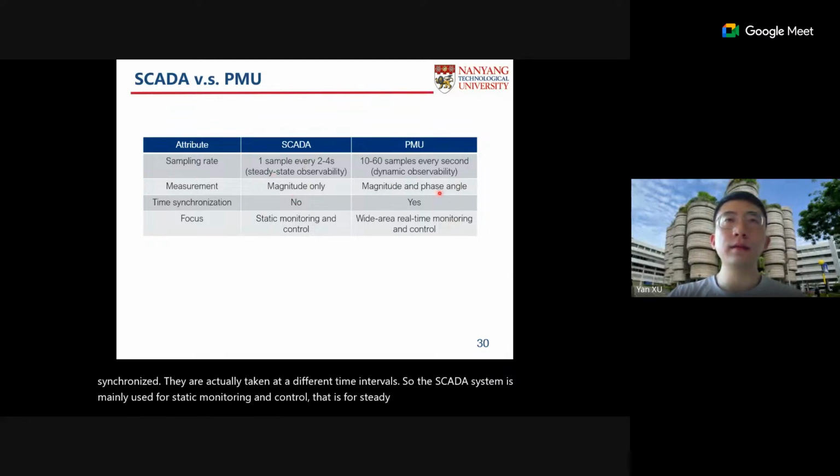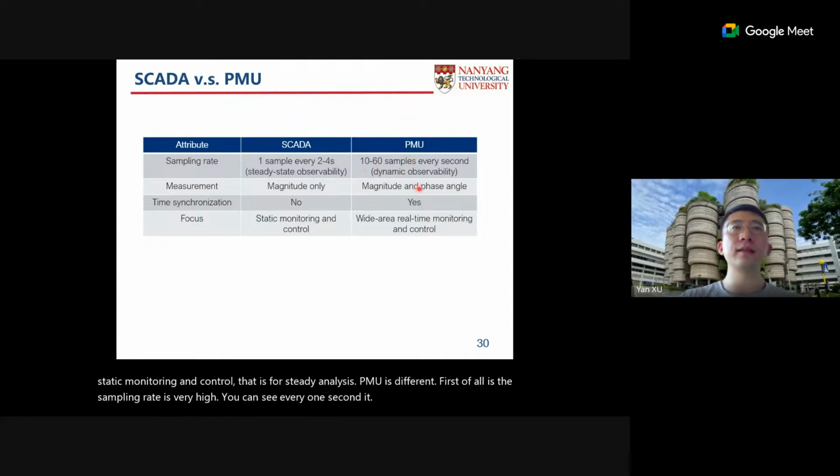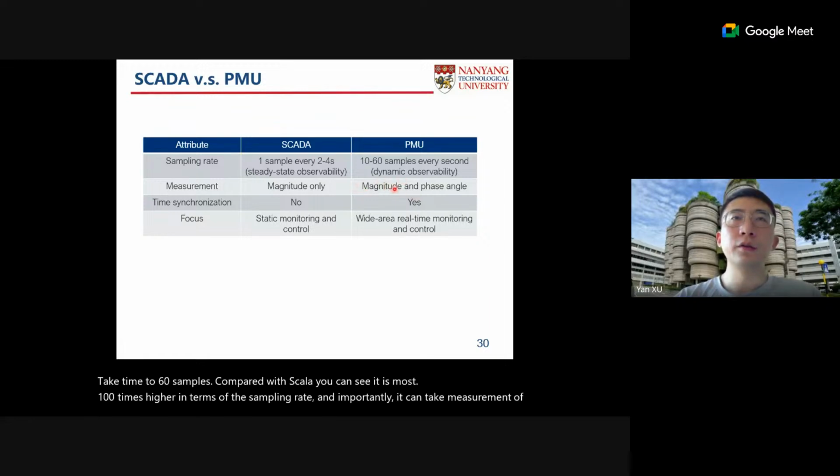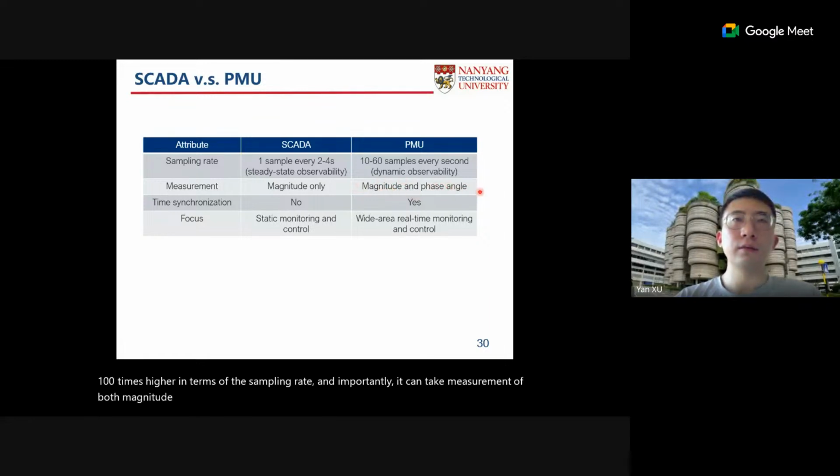A PMU is different. First of all, its sampling rate is very high. Every 1 second, it will take 10 to 60 samples. Compared with SCADA, it is almost 100 times higher in terms of the sampling rate. And importantly, it can take measurements of both magnitude and phase angle, and the values are time synchronized.